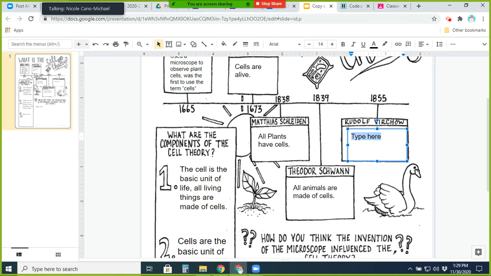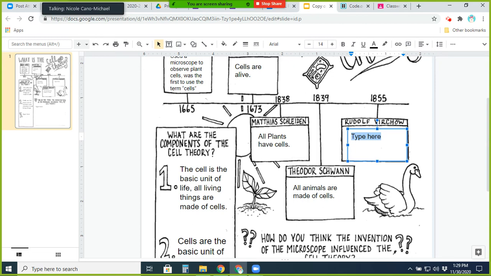He, again, has a much more advanced microscope than Hooke or Van Leeuwenhoek or even Schleiden and Schwann have, because he is like the latest. This is like 1855. And he actually observes cells reproducing. Like literally no one knew where cells came from up until this point. But Virchow observes cells reproducing, splitting, making new cells.